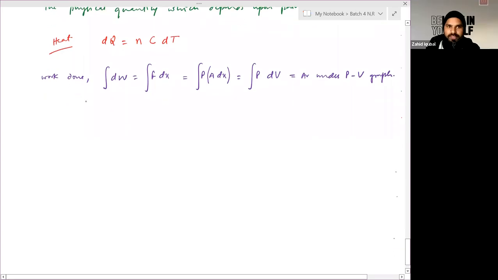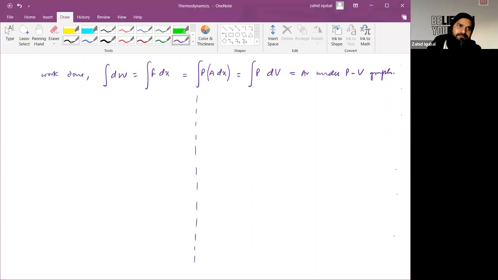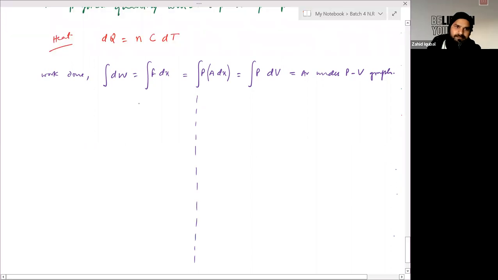So if you have to calculate work done, let me define it to you. Suppose in a vessel, the position of the piston initially is at this point.